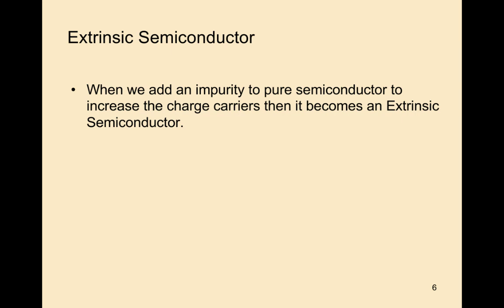Next, moving to extrinsic semiconductor. When we add an impurity to a pure semiconductor to increase the charge carriers, it becomes an extrinsic semiconductor. How the extrinsic semiconductor is formed, we discussed already in the previous class.